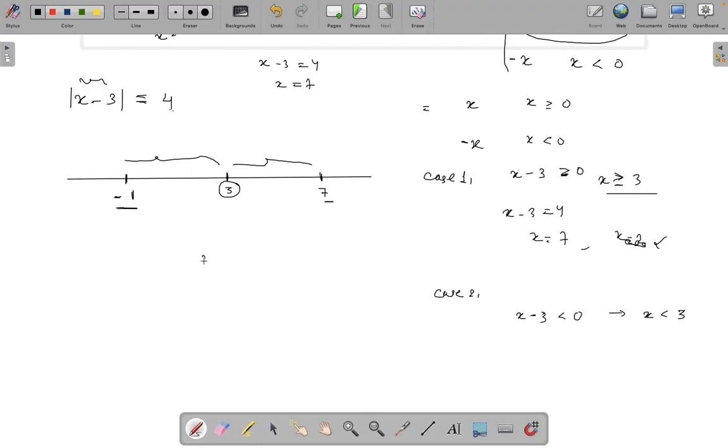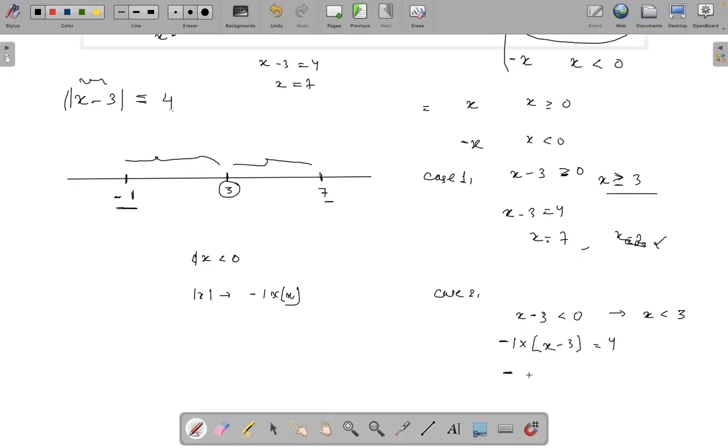When x is less than 0, what did mod x turn out to be? It turned out to be minus x, or minus 1 times x. Now x minus 3 is less than 0, so mod of this will turn out to be minus 1 times this bracket. So minus 1 times x minus 3 is equal to 4.